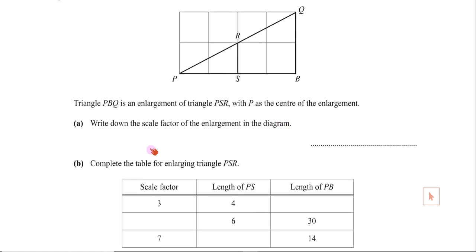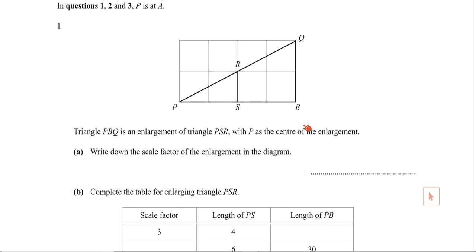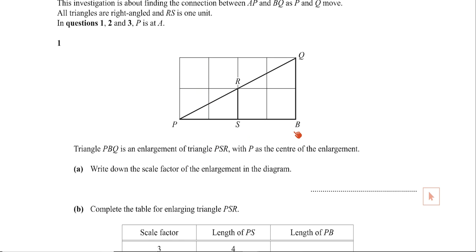If it says, write down the scale factor of enlargement in the diagram, how do you do it? Greg? Since the diagram is composed of equally sized squares, it is an easy way to tell distance.